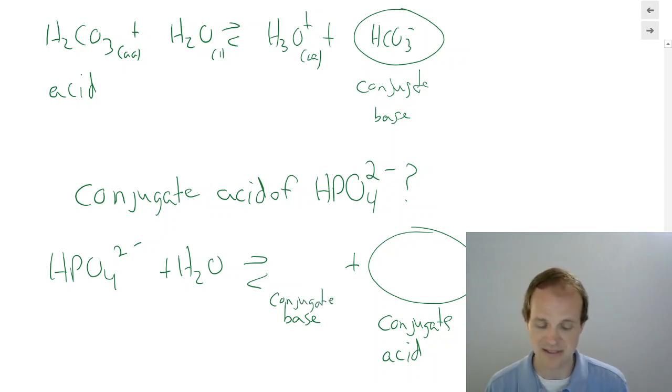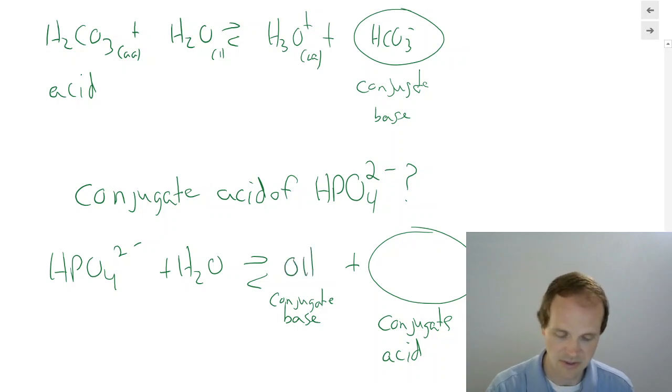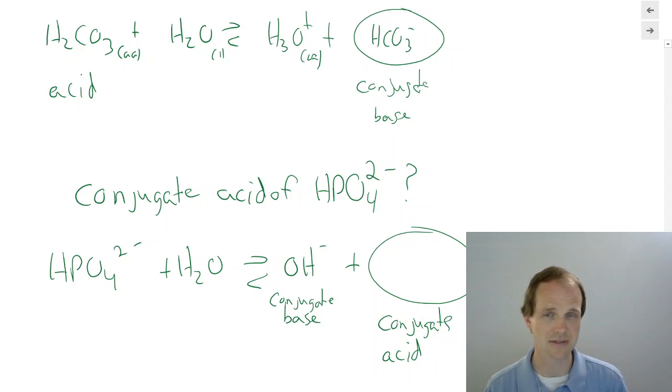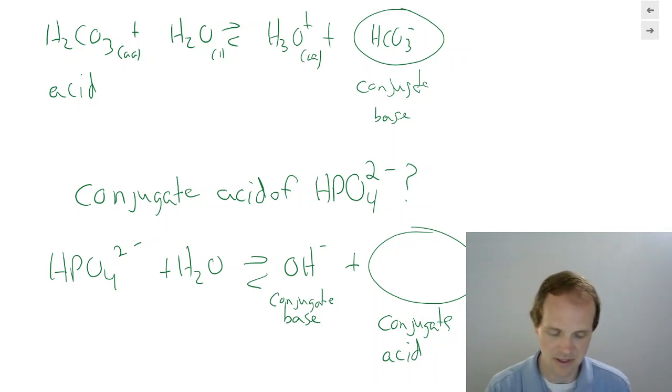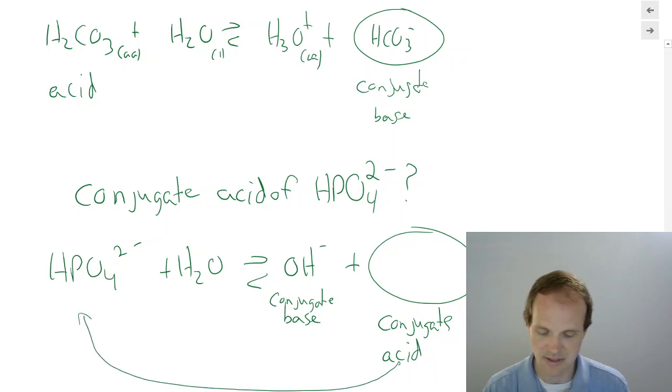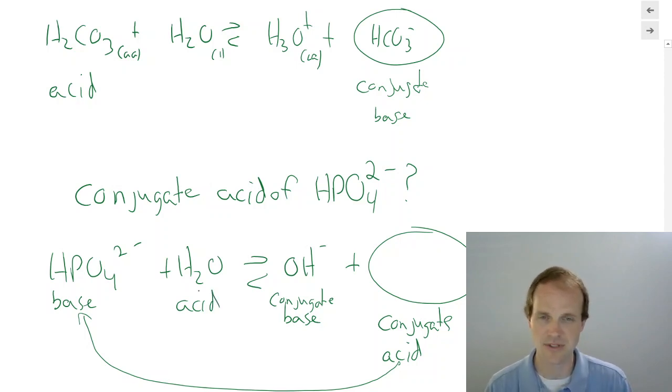Okay, so the base, well, what's the base going to be? Well, it's not going to be water. It's probably going to be OH-, probably, right? And which means that the conjugate acid has got to be this thing, which means this thing has got to act as a base. This one's got to act as an acid. It's kind of like a Sudoku puzzle, right? Once you know this one, you know that there's always a certain number of these other ones, and you can start to fill in the blanks there.